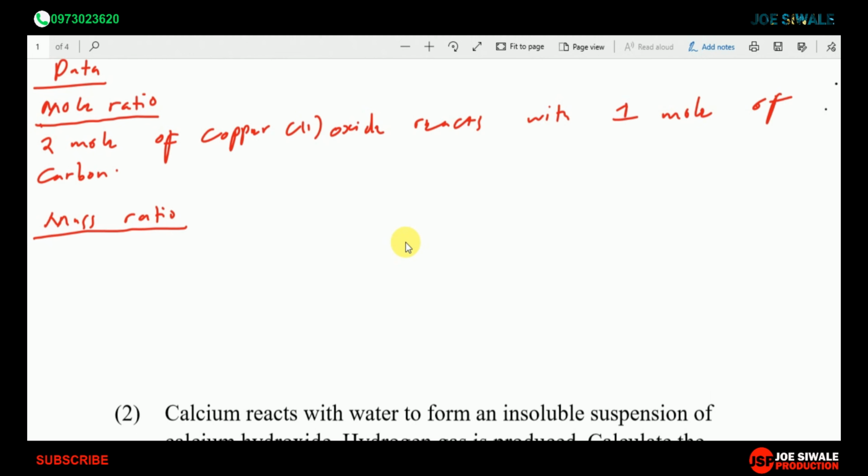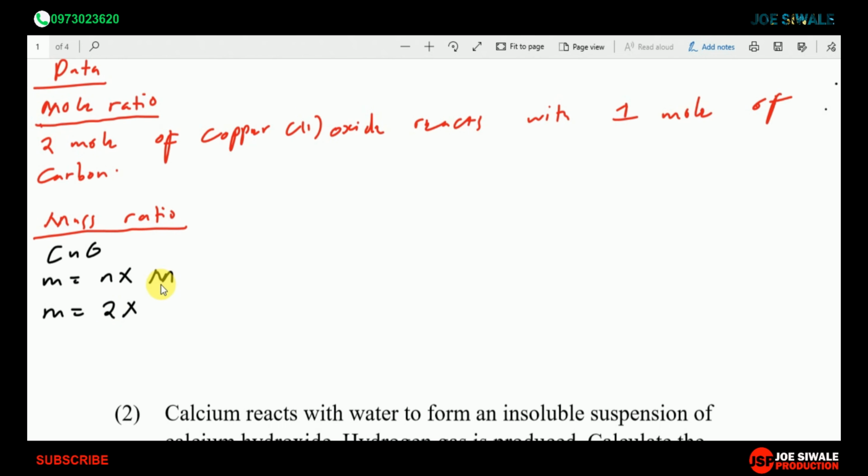For the mass ratio, we're going to start with that of copper 2 oxide. So we have copper 2 oxide. We're going to say mass is equal to number of moles multiplied by the molar mass. We know that we have 2 moles of copper 2 oxide, so we're going to write down 2 multiplied by the molar mass.